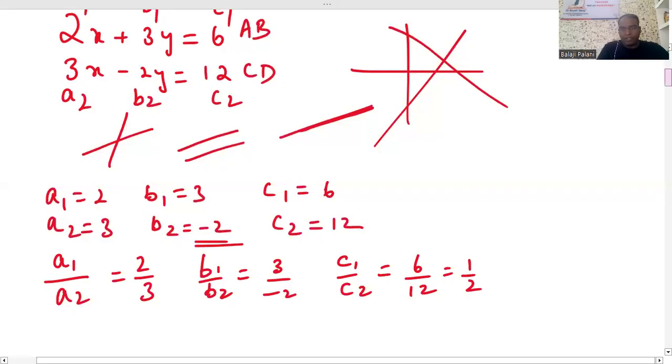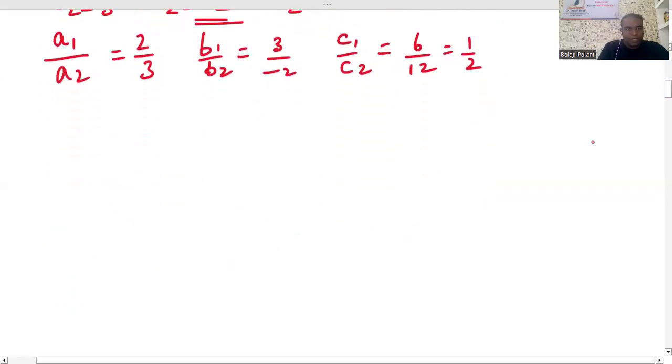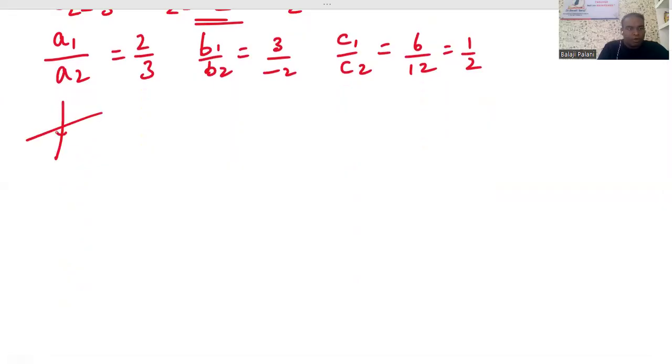Now, how do you find that? The first condition is for two lines to intersect, cross over one another or meet at a single point. We can give many types of statements for this, but it is all about the point of intersection. If the first two coefficient ratios are not equal, then definitely both the lines will meet at one point. And we know that two lines can meet only at one point.